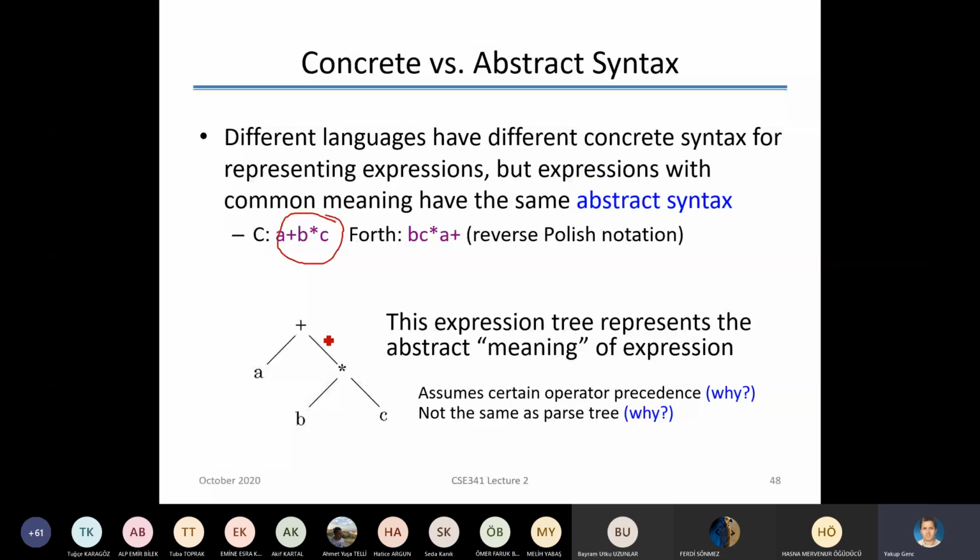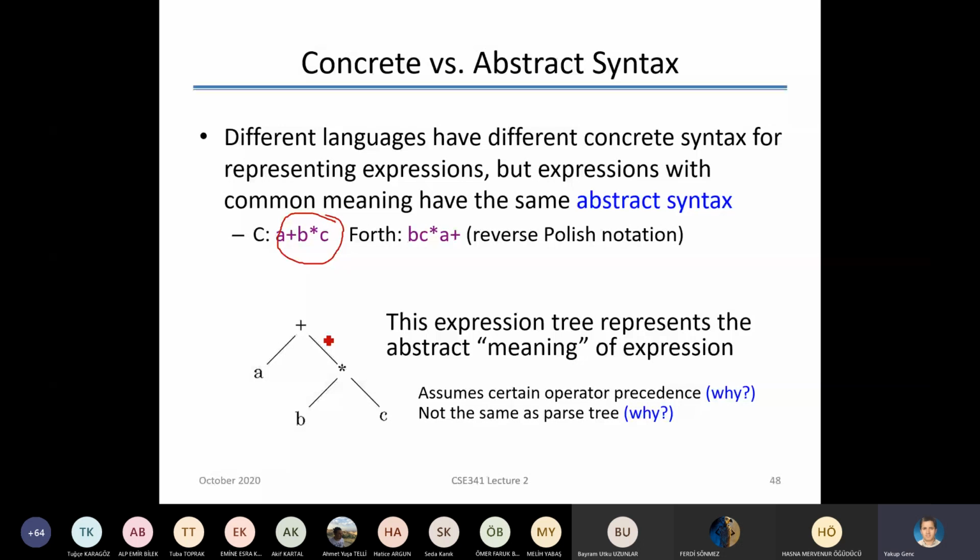From our common understanding in math, B and C will be multiplied, whatever their values are, and then that value will be added to A. This was not obvious in the concrete syntax.